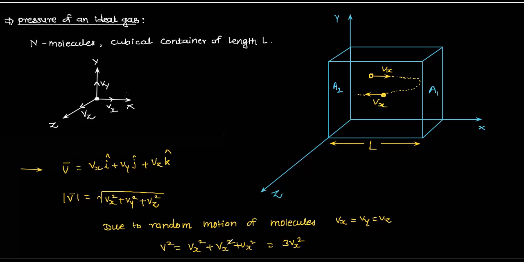Or you will get 3 Vy square, or 3 Vz square. This is what your V square is.